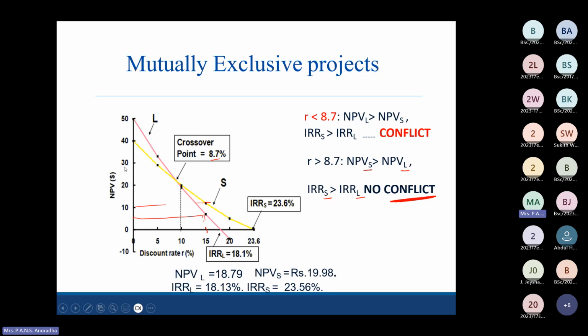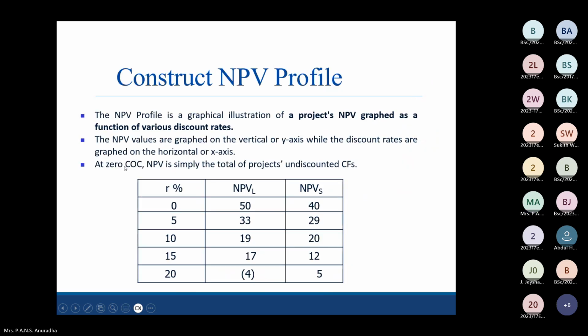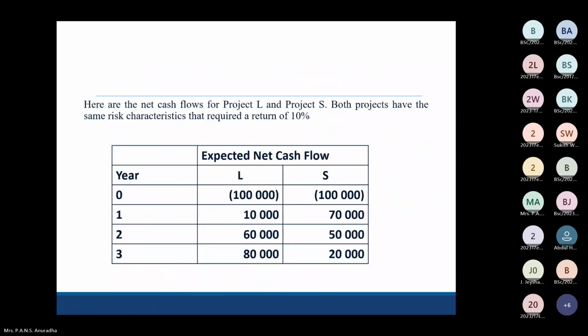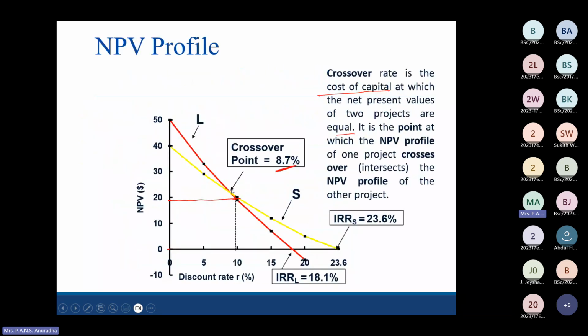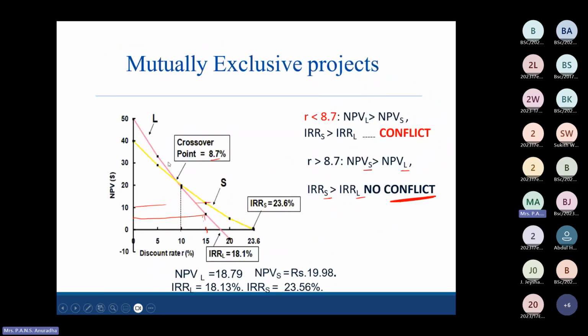If I ask you to calculate the MIRR of this project at the 5% level, you have to do it quickly without taking much time, right? So now there is a conflict here. If our cost of capital is 5%, there is a conflict between IRR and NPV. So then what do we do?